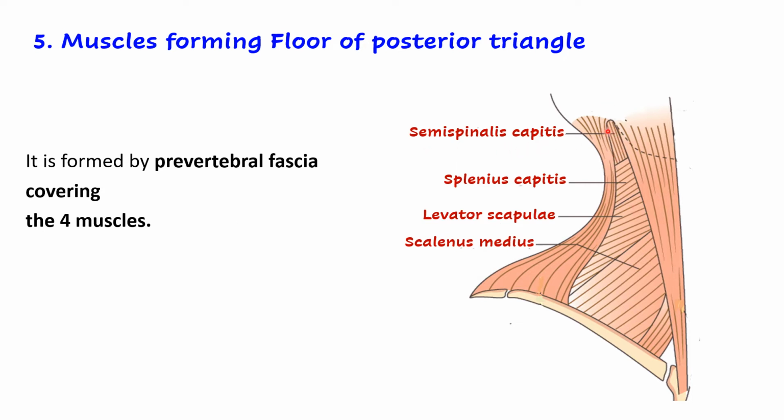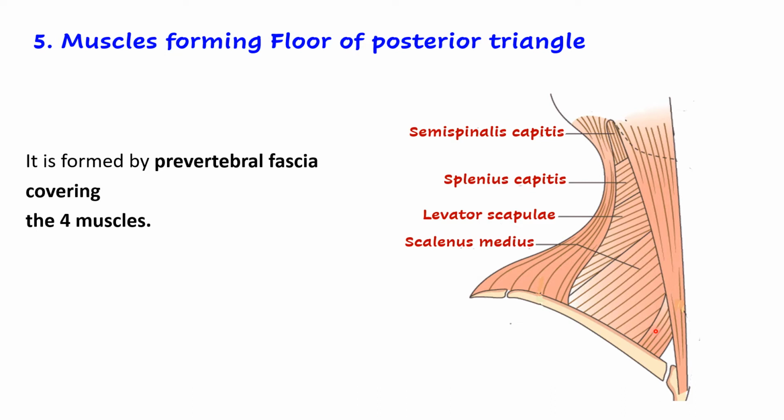So you remember, because you are going towards the head, the upper 2 muscles will have the name capitis in them. So semispinalis capitis, then splenius capitis, then levator scapulae, right, which will elevate scapula. And then we have the scalenus medius. Actually, there are 2 more muscles. Just deep to that, we have the scalenus posterior, and here behind the sternocleidomastoid, we have scalenus anterior.